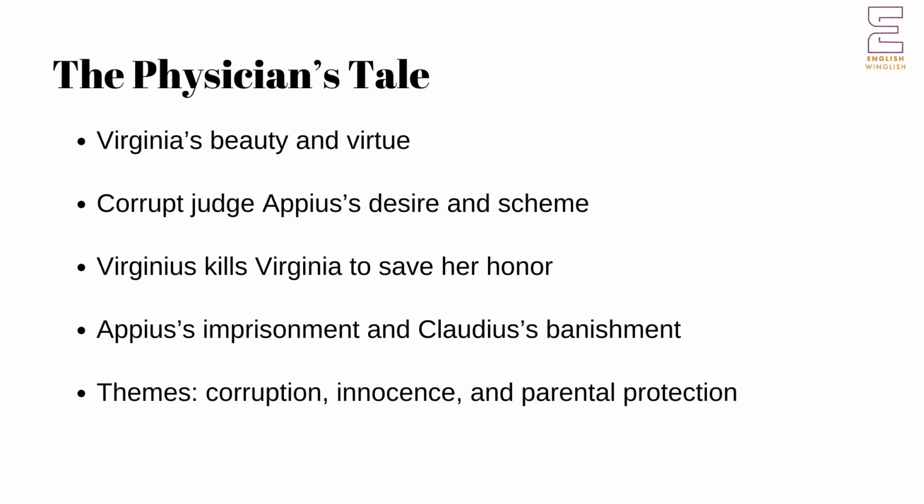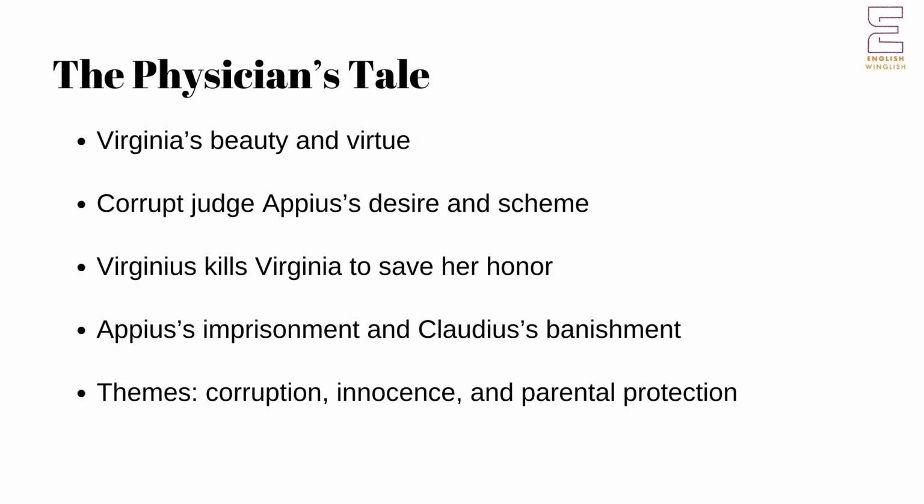The Physician's Tale. The Physician's Tale is a tragic narrative about Virginia, a beautiful and virtuous maiden. A corrupt judge named Appius desires her and conspires with a churl named Claudius to falsely accuse Virginia's father, Virginius, of enslaving her. To save his daughter from dishonor, Virginius kills her and Appius orders his execution.